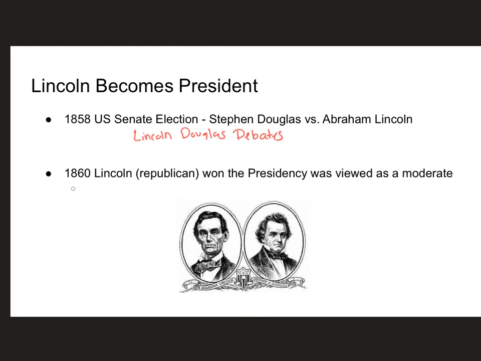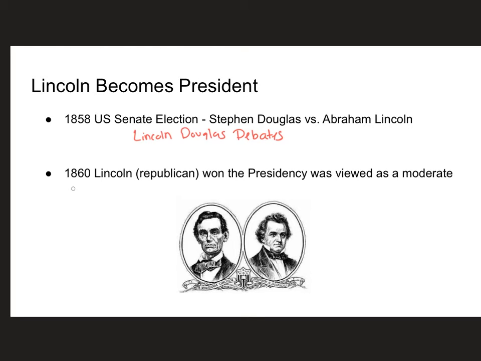So in 1861, he won the presidency as a Republican, and he was really viewed as a moderate, kind of in the middle. In fact, the reason they had Johnson run with him was because Johnson was a Southerner, and they wanted to make the ticket more desirable.